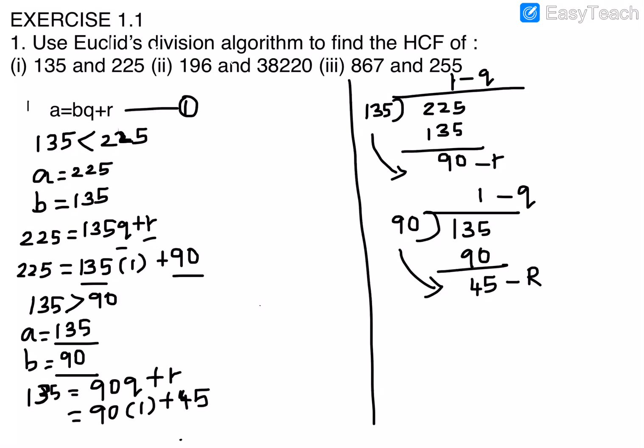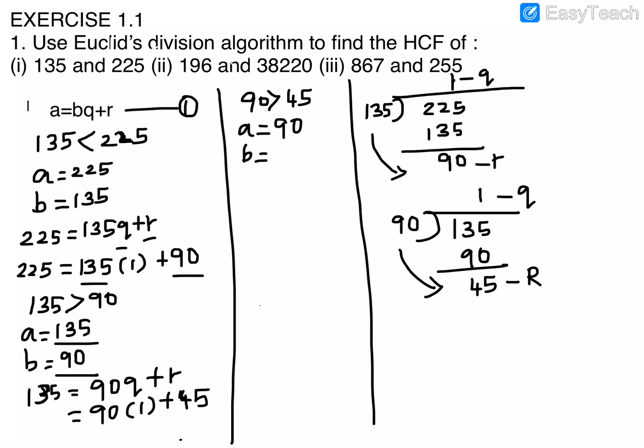This time, since 90 is bigger than 45, A is 90 and B is 45. Let's perform the long division. So 90 inside, 45 outside. 2 45s are 90, remainder 0.